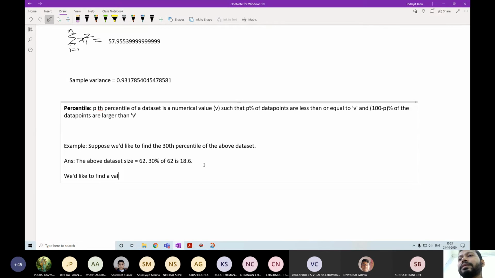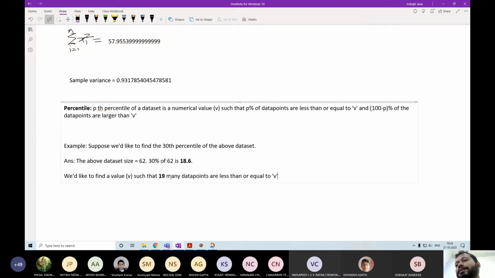So such that 18.6 many data point values are less than v. But 18.6 is not an integer, so we would say 19 many. 19 many data points are less than or equal to v.